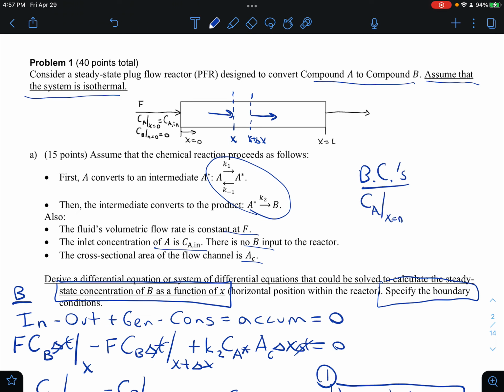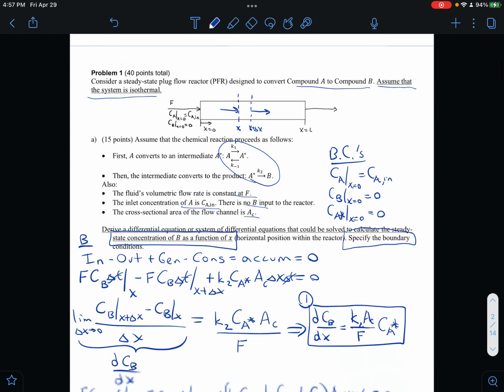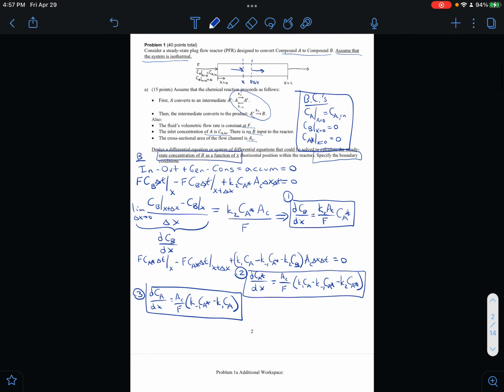CA at x equals 0 equals CA in. CB at x equals 0 is 0. CA star at x equals 0 is also 0. So I'll box these because they're being requested, and that should be the sufficient answer to the question.